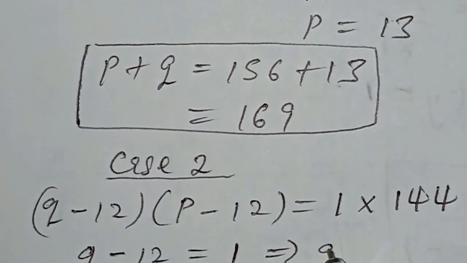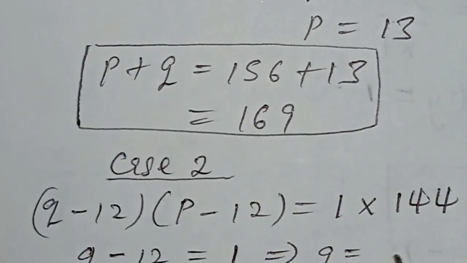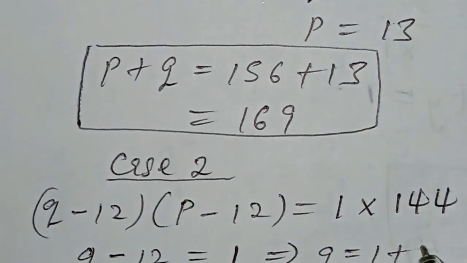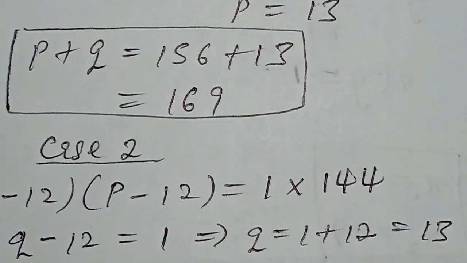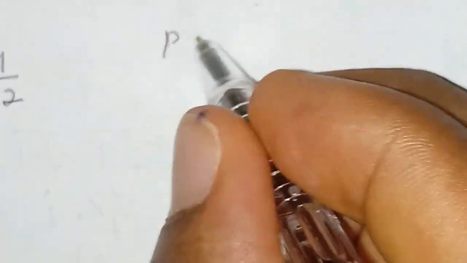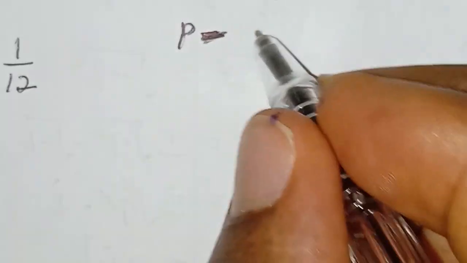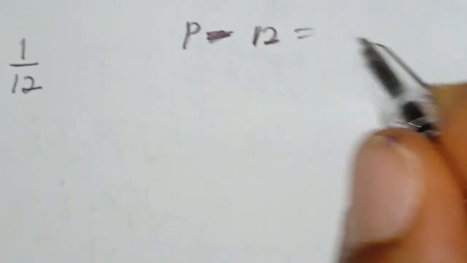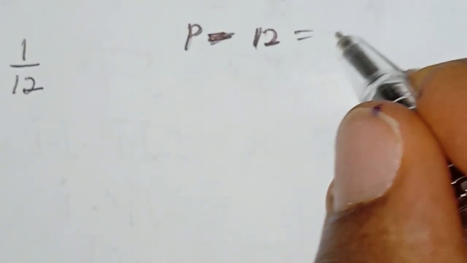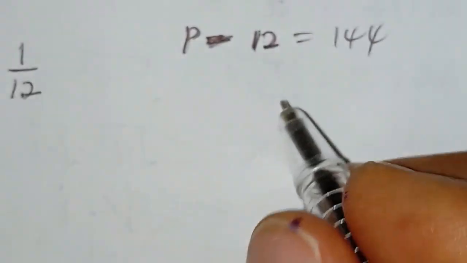It implies that Q will be equal to 1 plus 12, which is equal to 13. For P, we have P minus 12 equal to 144.